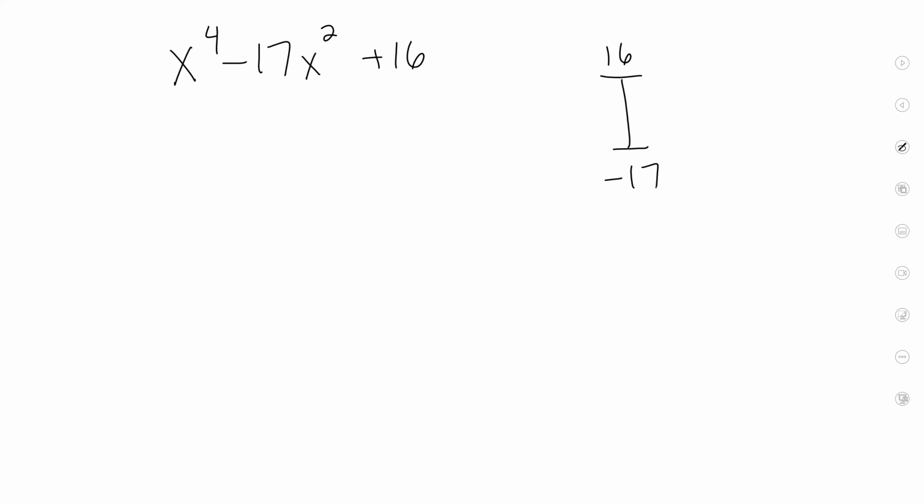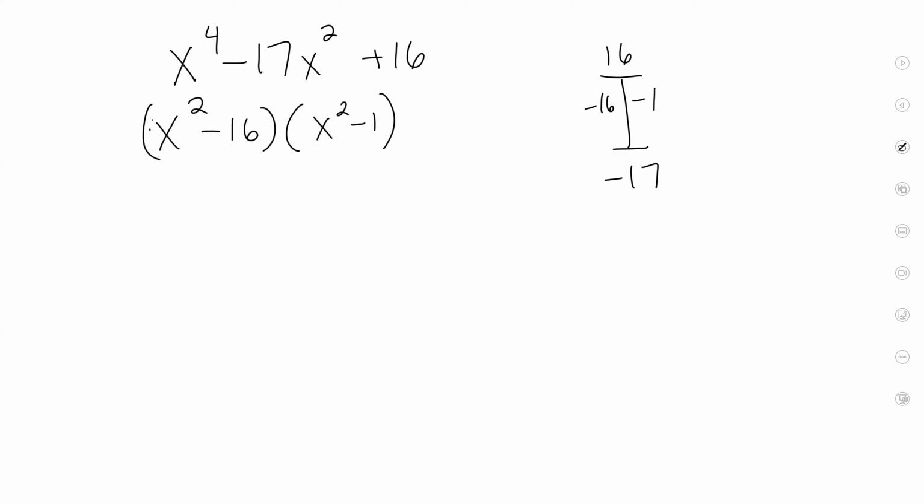What did you get for this? Good. -16, -1. So we'll have x squared minus 16 and x squared minus 1. Do I stop here? No. What should I do?